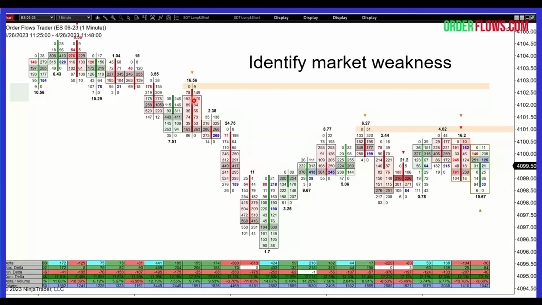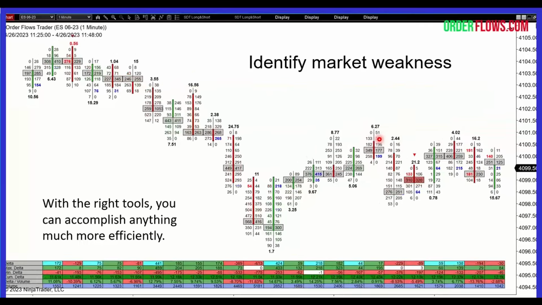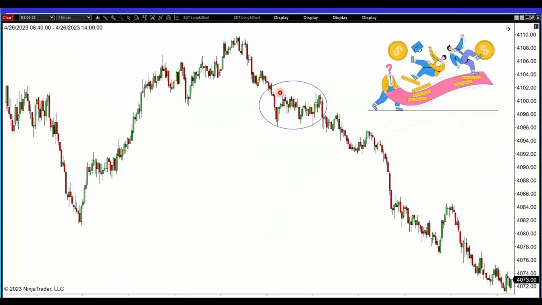There's market weakness here. There's market weakness here. And so you got market weakness that's bearish, right? That's why these zones are being drawn out. Well, if it's showing weakness in this area here, why would you even think of getting long? You'd be thinking of being short.